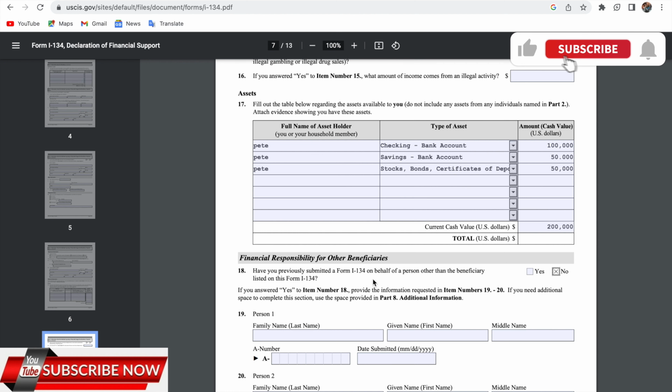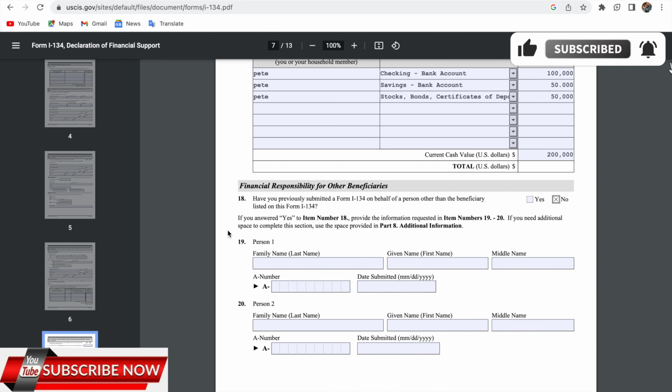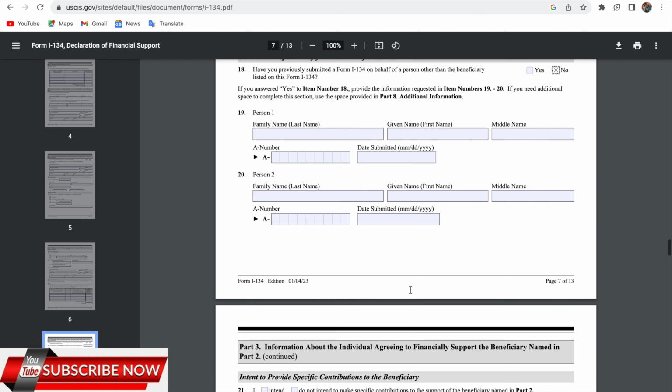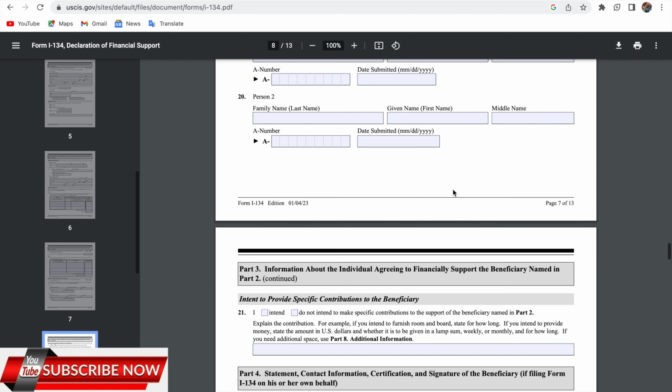If you have done that before, just put in yes, and you fill in the person's name over here: the last name, the first name, the middle name, the alien number, and the date you submitted the form. If you have done it for multiple people, you just put in their names over there. You don't have to lie because everything is on their system.